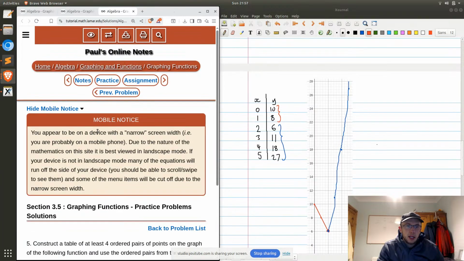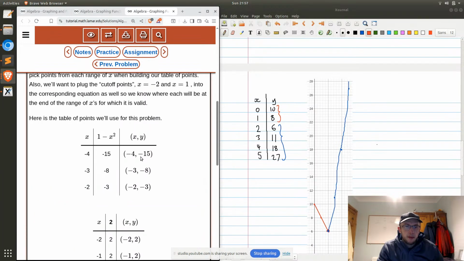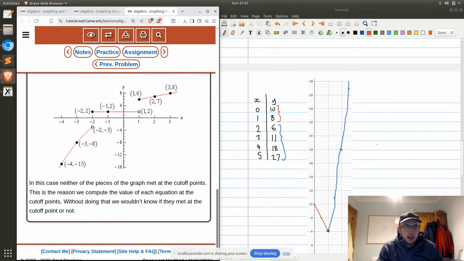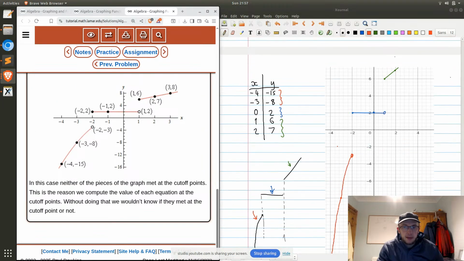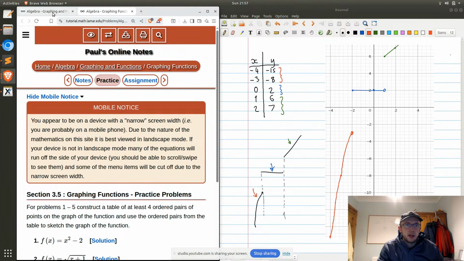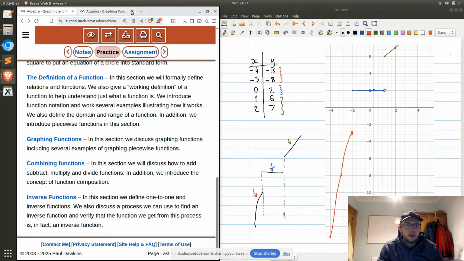All right, and last of all is the 3-piece piecewise function. And they put in the appropriate cutoff points, and they have the hollow dots to acknowledge the jump discontinuity, which is good. So that means it is all valid.